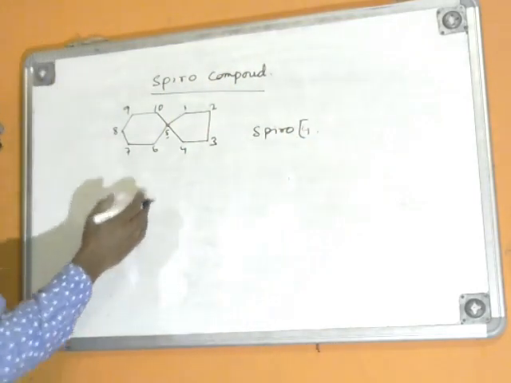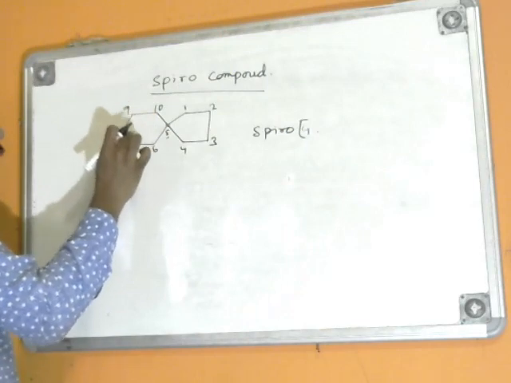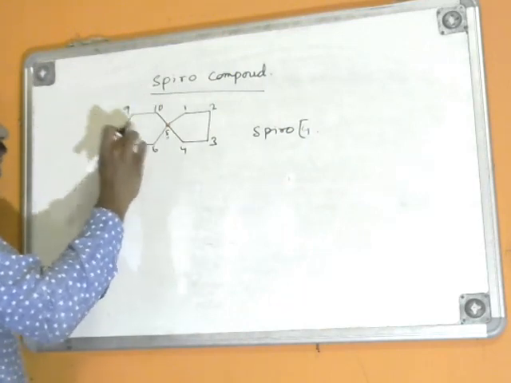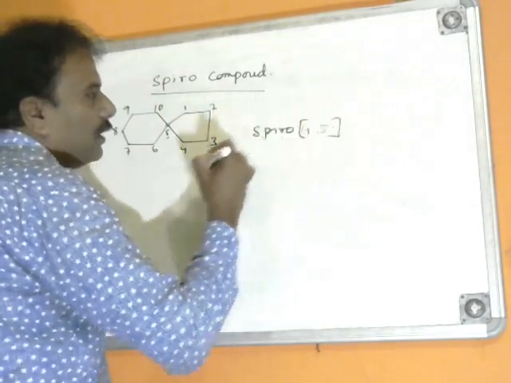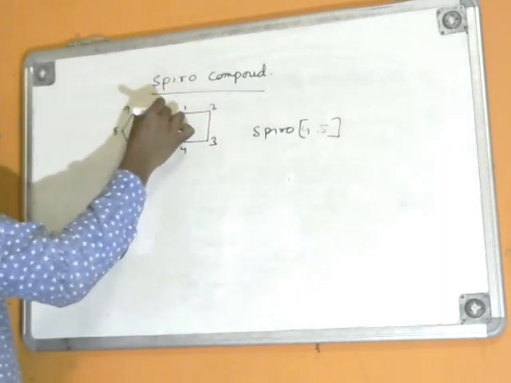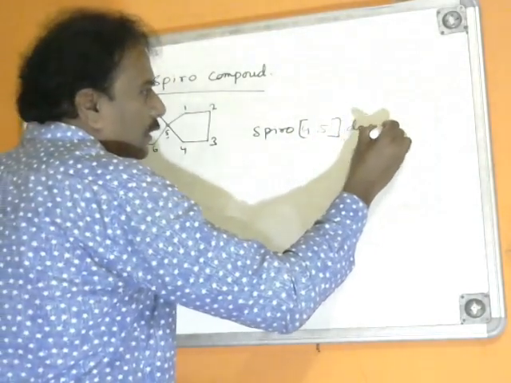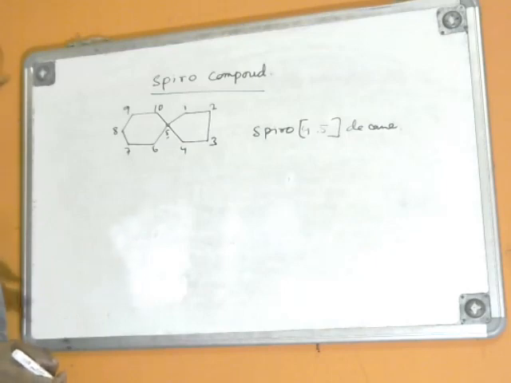Then dot. Then the bigger one. So this ring, and how many carbons are present in the ring except this carbon? 1, 2, 3, 4, 5. So it will be 5. And then the bracket is closed. And then the total number of carbons, how many? 10. So that is decane. We know that methane, ethane, propane, butane, pentane. So if the carbon number is 10, then the compound is decane.